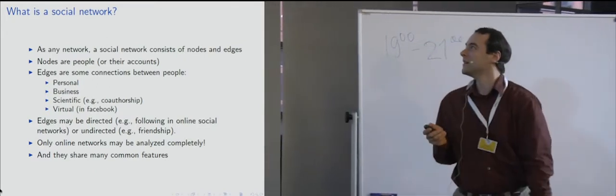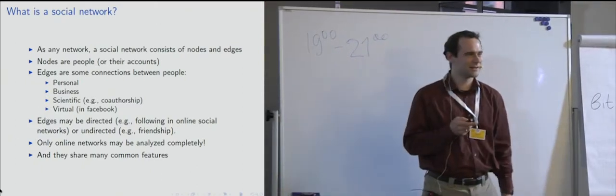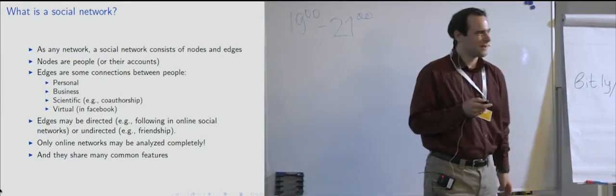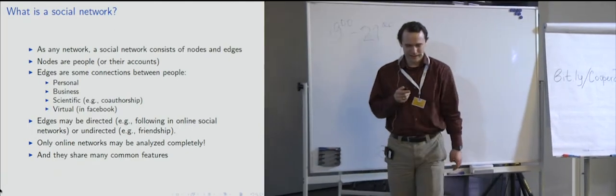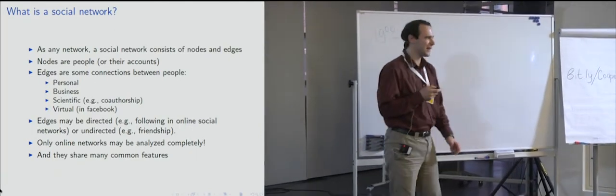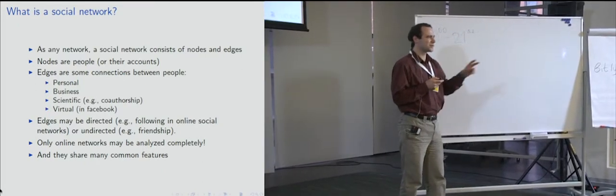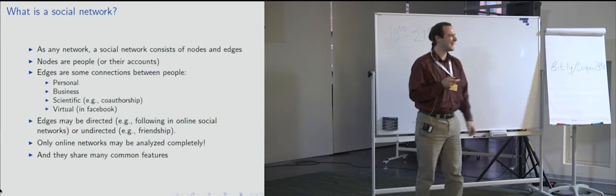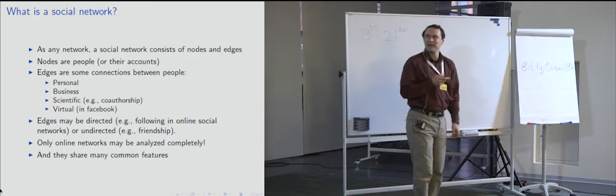And there are two types of connections, directed or undirected. Directed like following, and undirected like friendship. One advantage of online networks is that they may be analyzed completely. So you may just scroll the whole Facebook and analyze the resulting network.